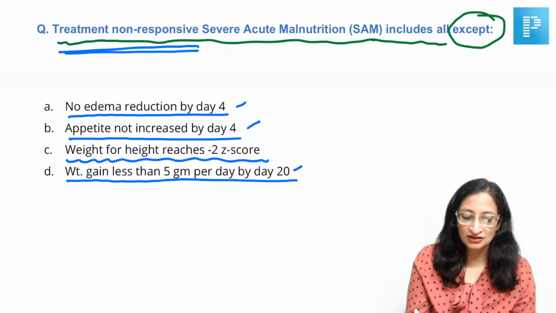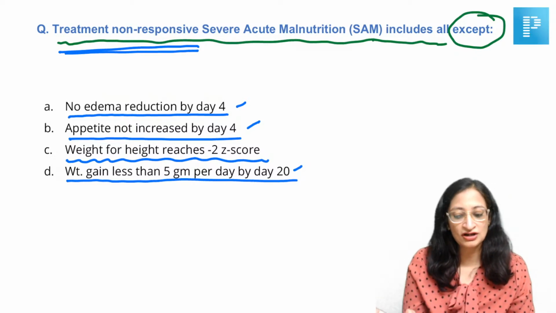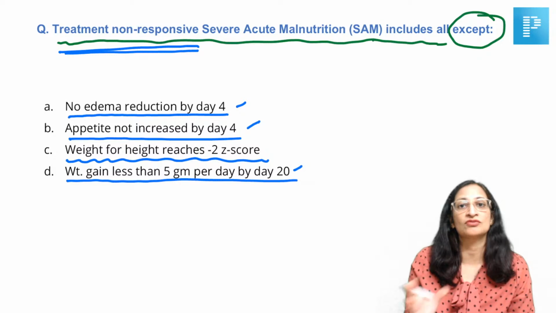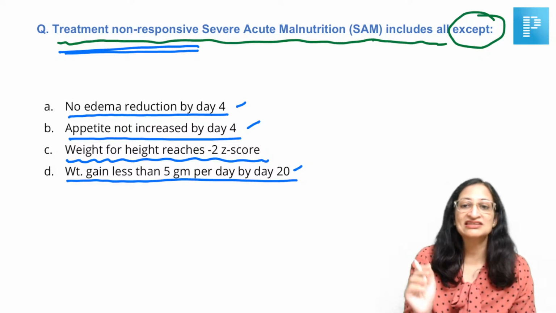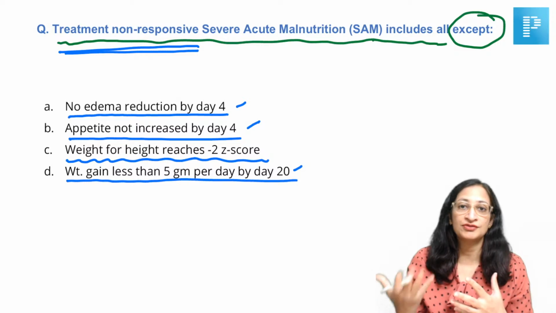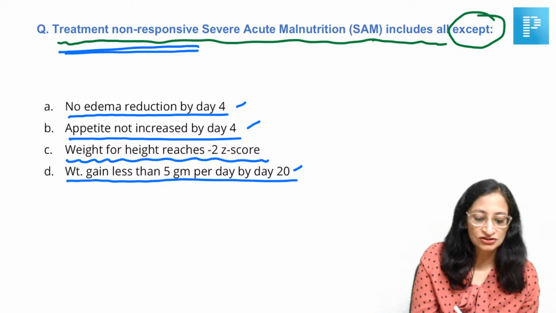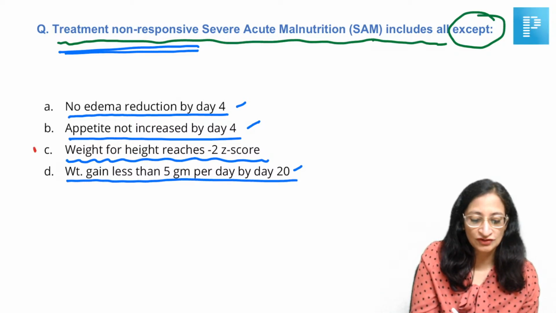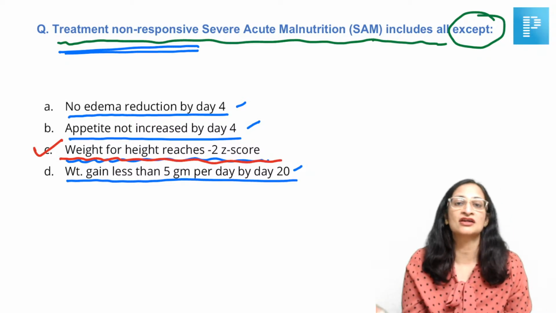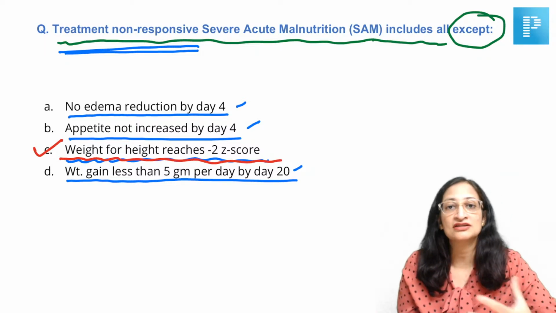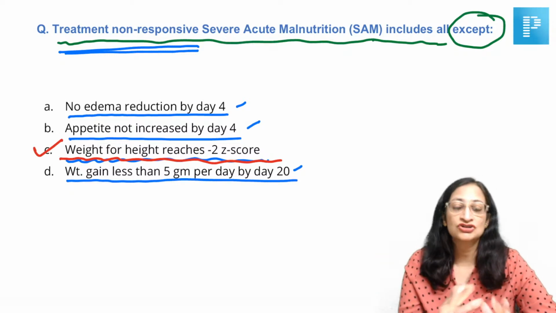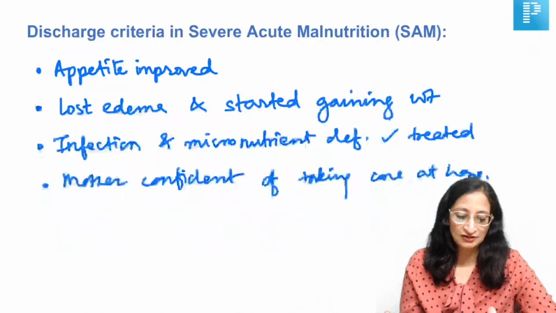So if edema reduction is not happening, appetite not increasing, and weight gain is less than 5 gram per kg per day on day 20 of treatment, these three are indicating treatment failure or treatment non-response. So the best answer out of the given options is weight for height reaches -2 Z score. That nowhere indicates that the child is not responding to treatment, because the weight for height will actually take time to improve, right?